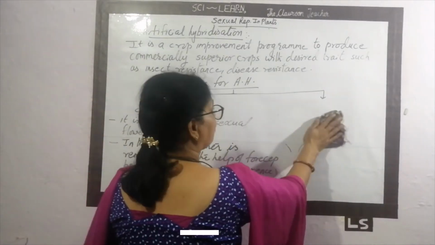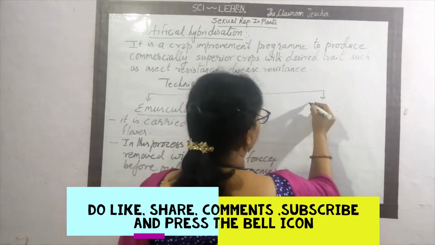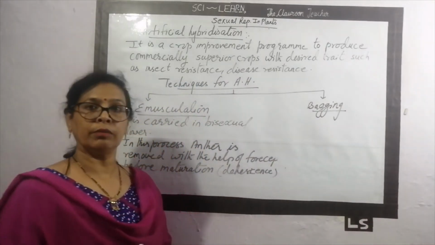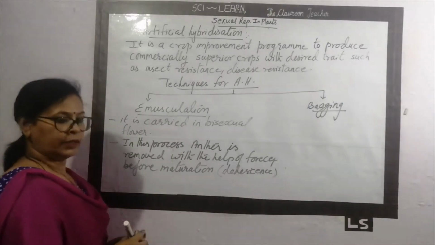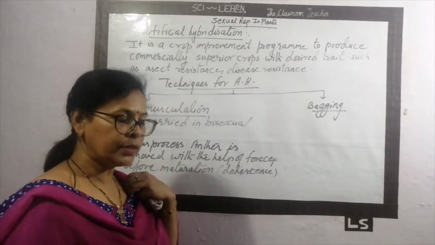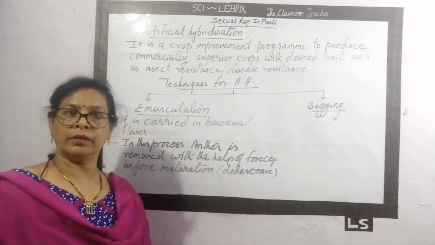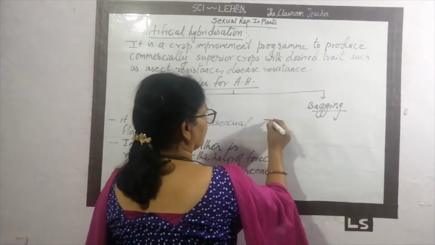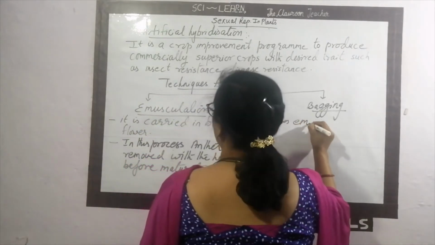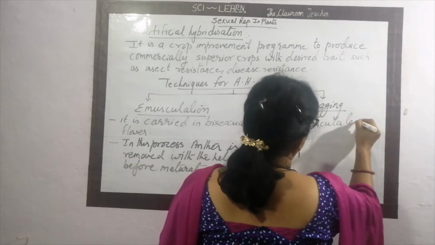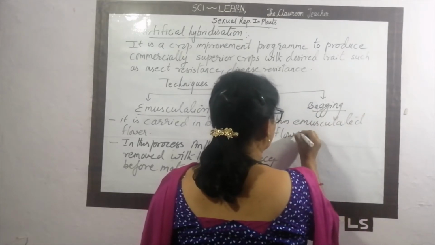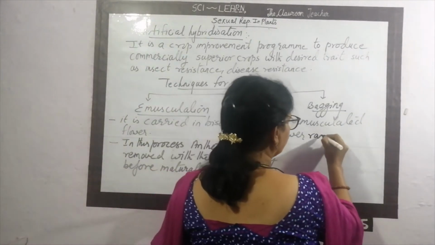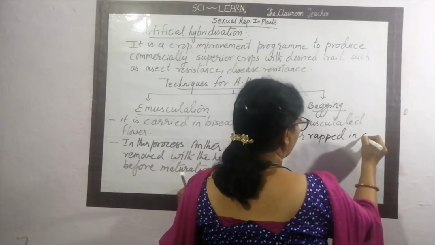After emasculation, the second step is called bagging. What happened in the first step? Emasculation: the male part is removed before maturation. Then this emasculated flower is wrapped in a bag.